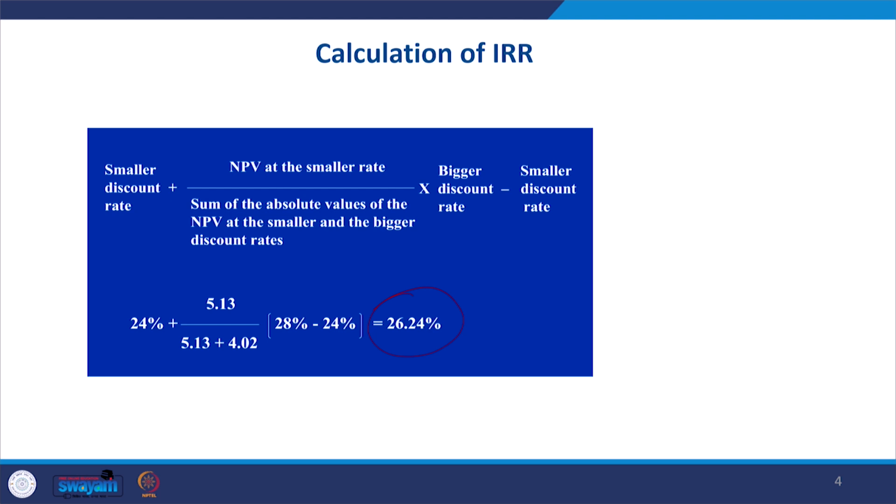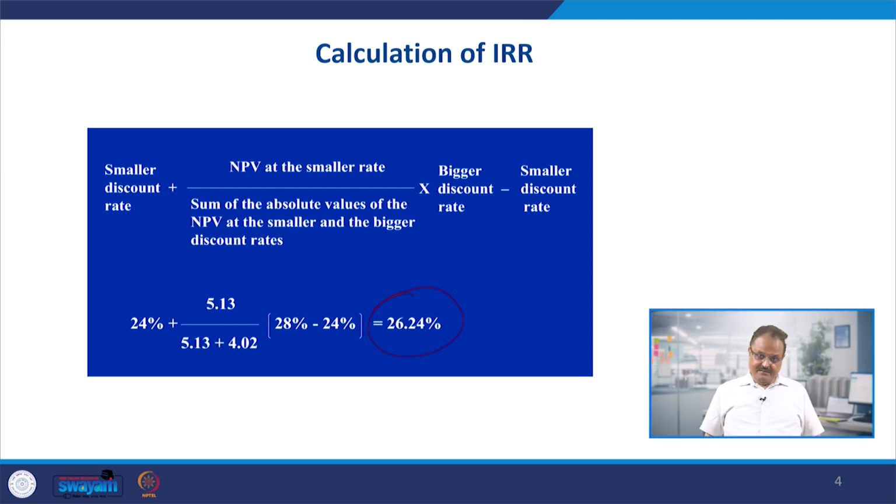If the required rate of return is, for example, 15%, when you compare the required rate of return with the expected rate of return, many surveys have been conducted in the market, maybe in India or abroad, and normally people use 15% as the required rate of return, because normally the weighted average cost of capital remains around 15%. So if you compare that 15% with 26.24%, it comes out to be significantly higher. So you can say this kind of investment proposal is very good, and we would certainly like to make an investment in this project or venture.